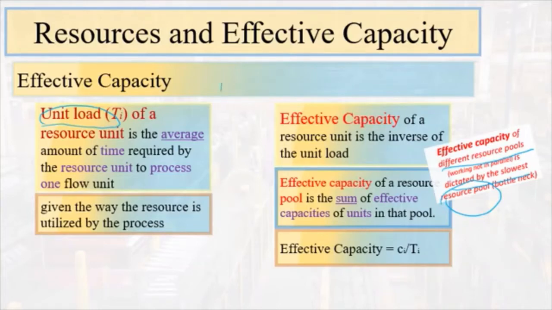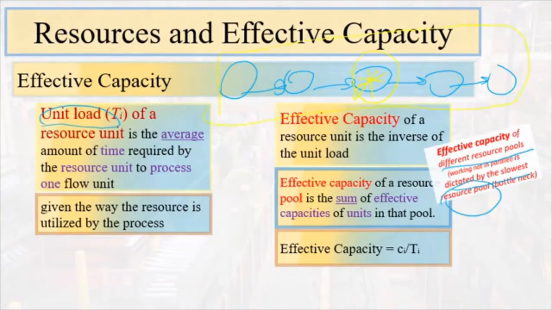Also, if we have processes that are in series, and let's say this one is the bottleneck process, so this process takes longer than all the other processes, then the whole system is going to be dictated by this process. So the effective capacity of this process is basically the effective capacity of the system. We have to remember this.